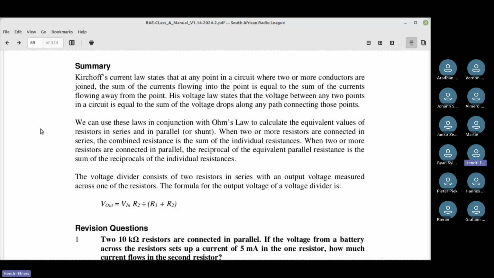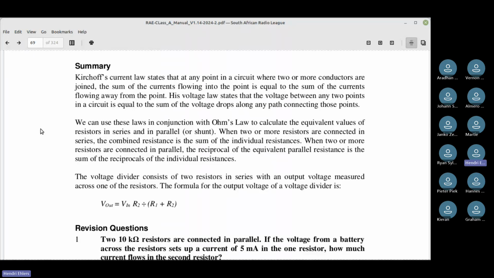So if you've got resistors connected in series, you add them together. For parallel, you need to use that other formula of 1 over RT equals 1 over R1 plus 1 over R2, and it carries on forever. You can have like 100 resistors in parallel.